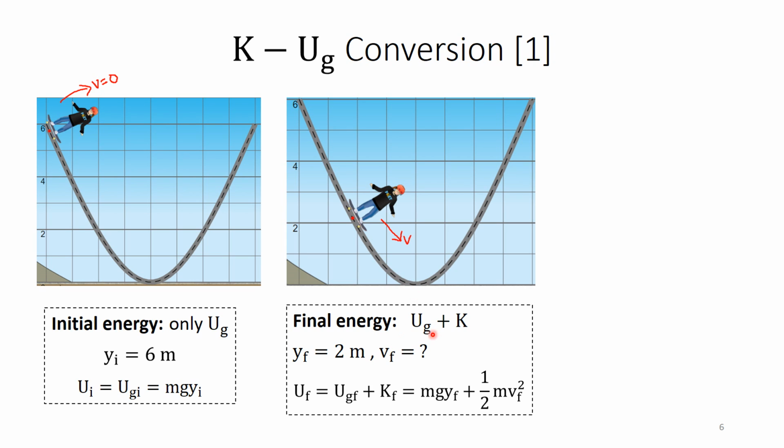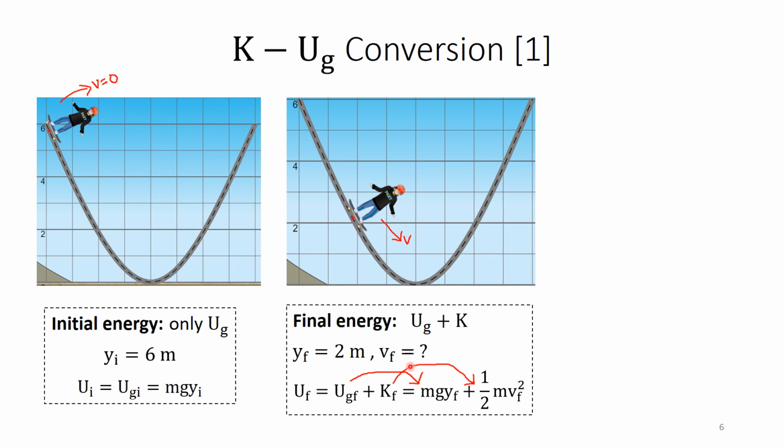His final energy is part gravitational, part kinetic, which you write as Ug plus K. We can use mg times y, just that this y should be 2 meters this time because we're looking at the height at this location. So his final energy is Ug final plus kinetic final. Ug final is mg y final, and kinetic is half times m times v final squared.